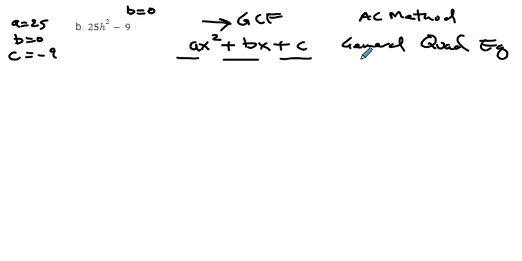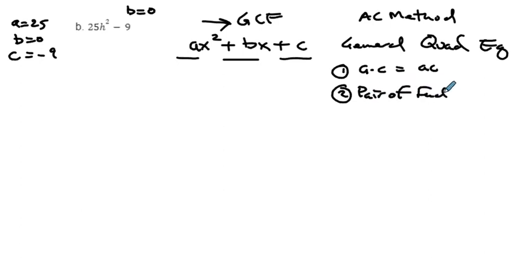Now the AC method says that we are going to multiply a times c to get what we call AC, and you'll simplify it. That's the first thing you're going to do. The next step is you want to pull out a pair of factors that add up to b.